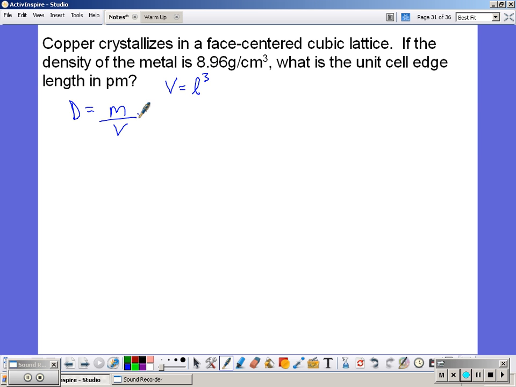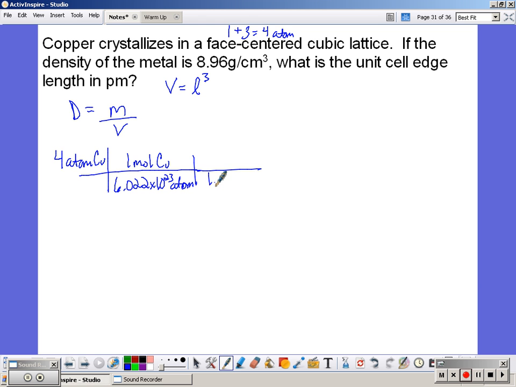Well, because it's face-centered cubic, I know that I have 1 atom coming from the corners, plus I have 3 atoms coming from the faces. So I have a total of 4 atoms of copper in that unit cell. So we'll take 4 atoms of copper, Avogadro's number of atoms is 1 mole of copper, and 1 mole of copper is 63.5 grams of copper.